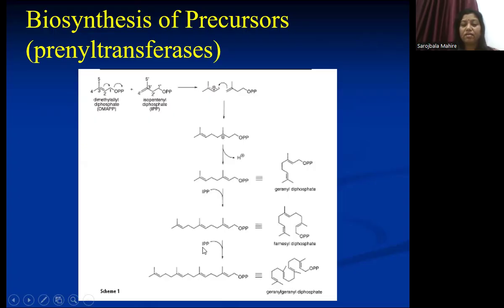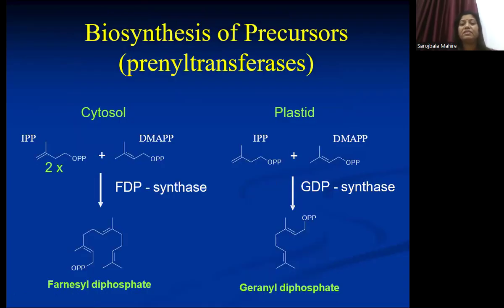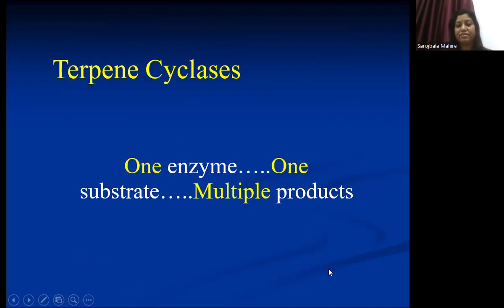And again, an IPP molecule is added, meaning there are now two units added. So we can say here geranylgeranyl diphosphate. Now we see the biosynthesis of precursors in the cytosol and plastids, where dimethylallyl diphosphate and geranyl diphosphate are synthesized.